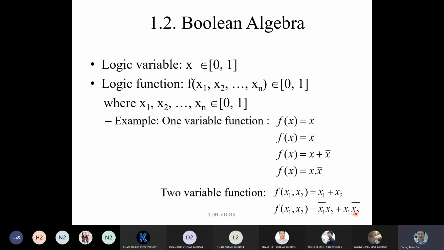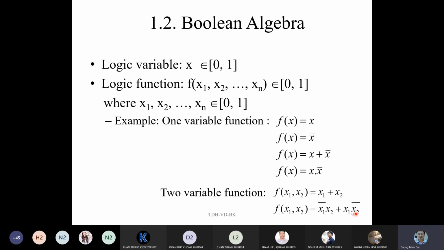Okay, so similar to 0 and 1, in the logical function they also use some symbols like plus or multiply, but we have to define them, and when we define them, the meaning of these symbols is different from normal algebra.